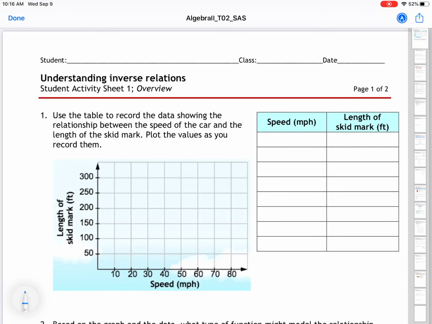So I'm just going to fill out this chart. 10, 20. The car started with 10 miles an hour. That was its first speed from when it stopped, and it went all the way up to 80. This was the information that was given to us.